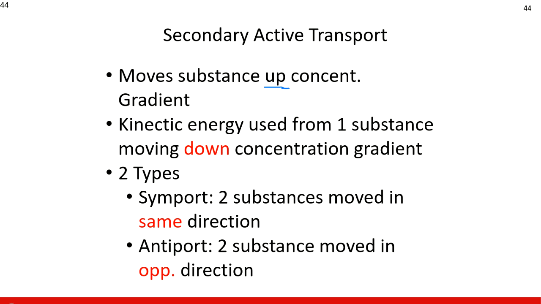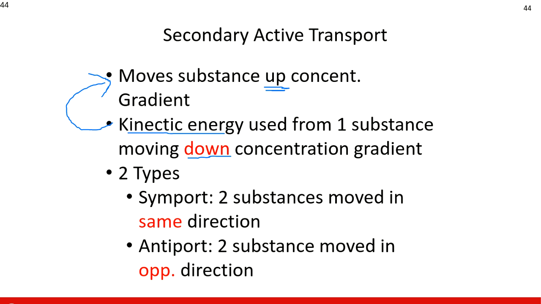So as one substance is being moved up its concentration gradient, and that's where we're using the ATP, we can also move another substance down its concentration gradient from the energy that we got from that first substance that was moving up its concentration gradient. So we're kind of cashing in on some energy that was generated from the first substance.